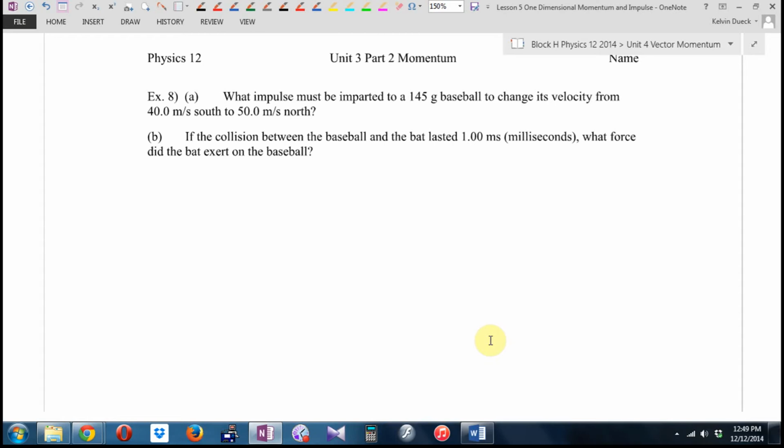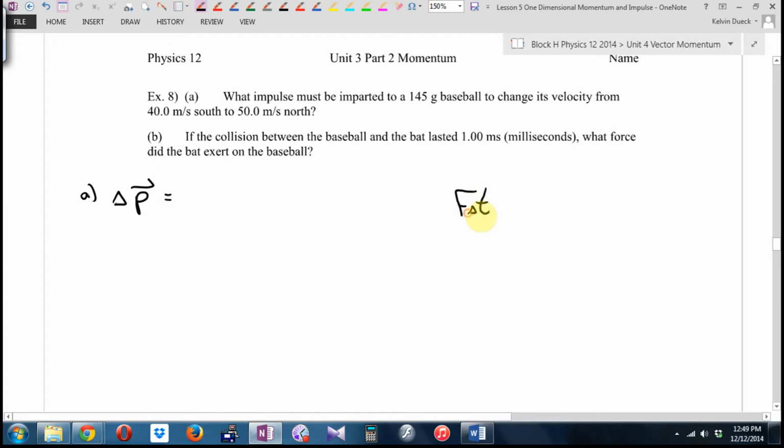Impulse. By the way, when you see impulse, what's that another word for? I'm going to start out thinking to myself, okay, I can either go final minus initial, or, don't write this next bit down, I can go force times change in time. Either of those is an option. Look at what they gave me and ask, which approach am I going to use?